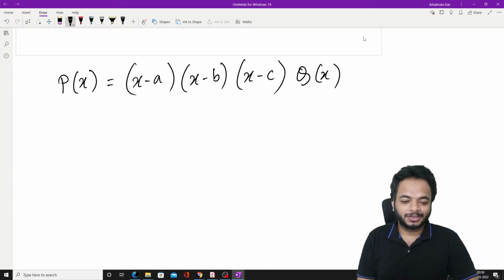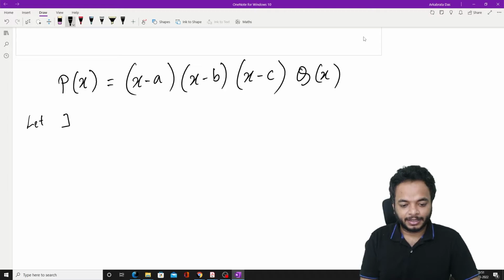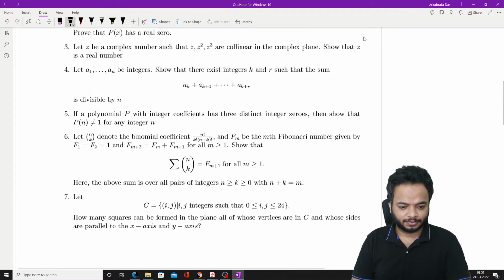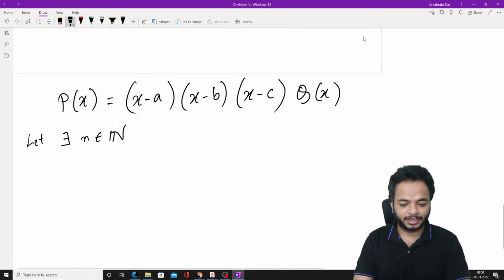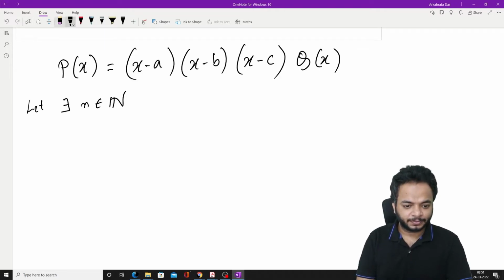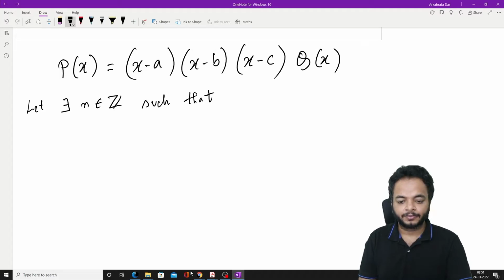Now what would we do? We would go with the help of contradiction. So let there exist n in the set of integers such that P(n) is equal to 1.